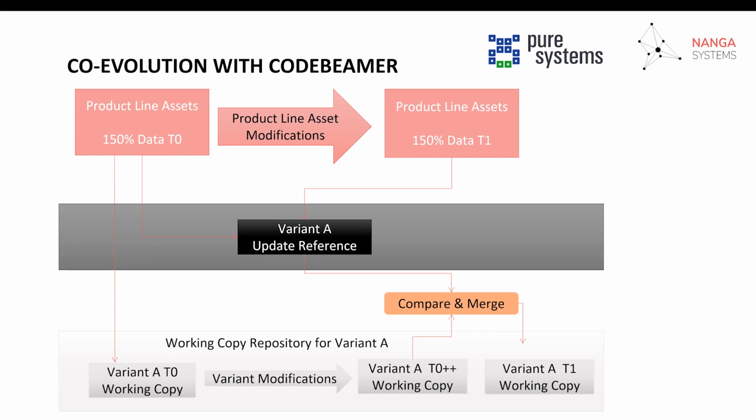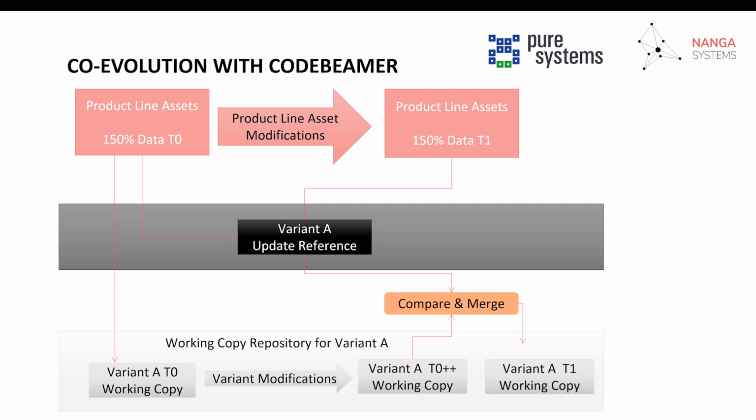And when we now have changes to the working copy, especially changing a value from 100 to 120, making a variant modification, a new variant called in this place TO++ working copy is created.